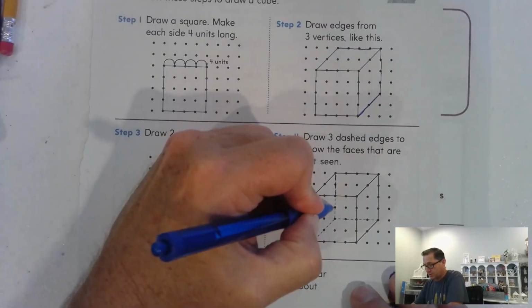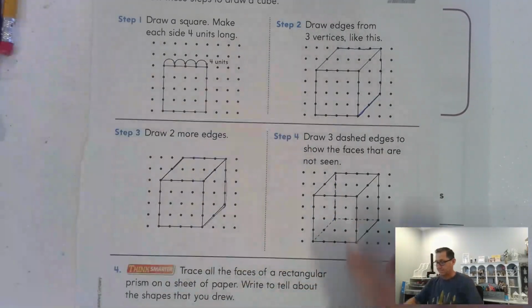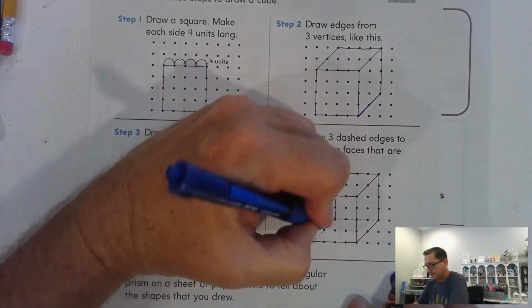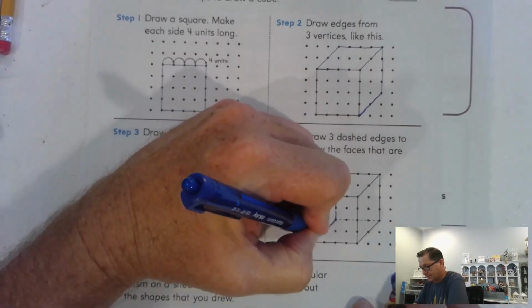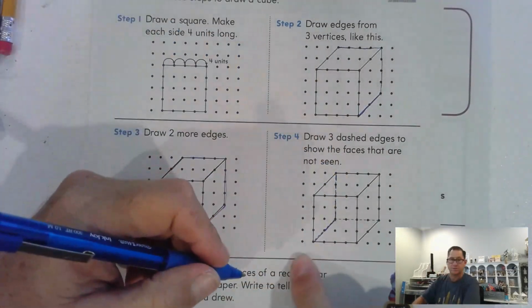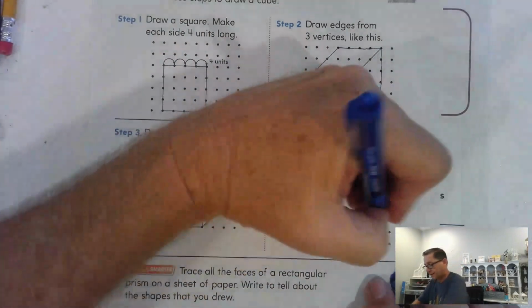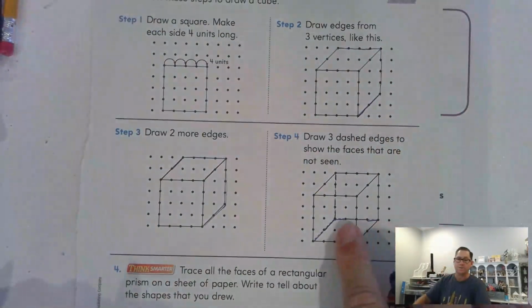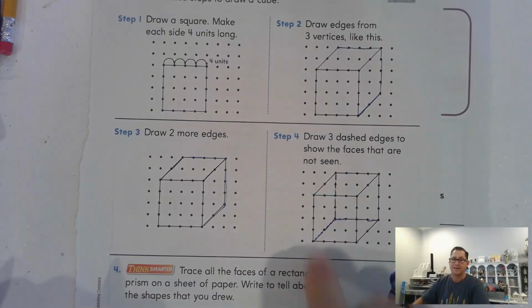We're just going to draw down from the corner, this one down 4: 1, 2, 3, 4. Then we know that the edge of it was 2 dots at an angle, and then it's going to be 1, 2, 3, 4 dash lines towards the back.